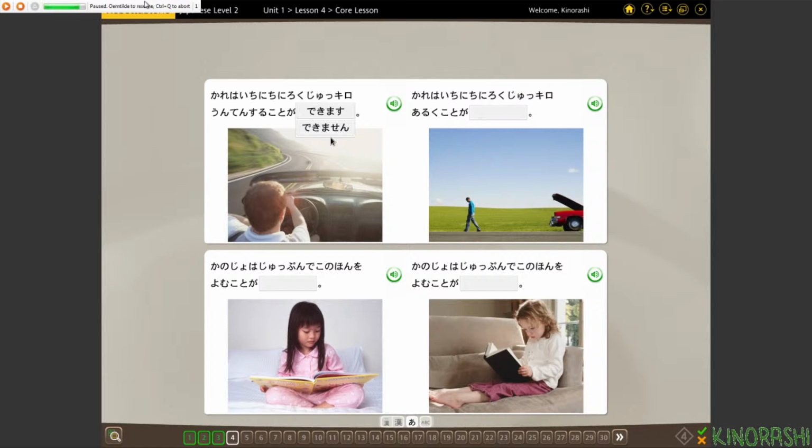Ni is also used to express purpose. This is very similar to the directional ni that we covered earlier.